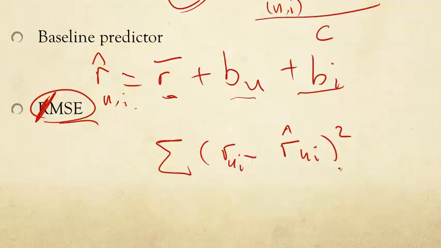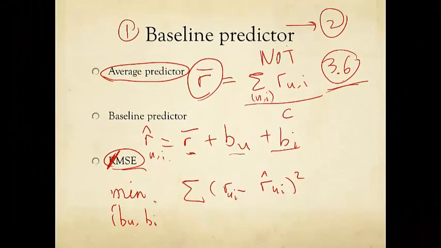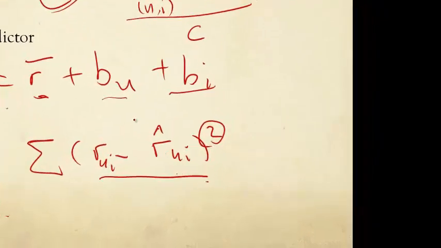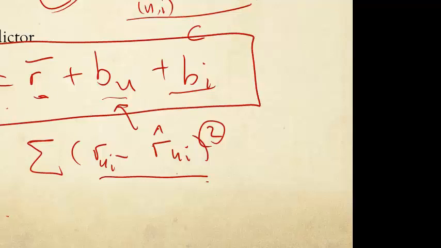So this is our objective function for the minimization. Minimize over the set of b_u's and b_i's the summation of the square of the differences between the ground truth R_ui, which you have in the training phase, and the prediction R hat_ui, where R hat_ui assumes this formula.